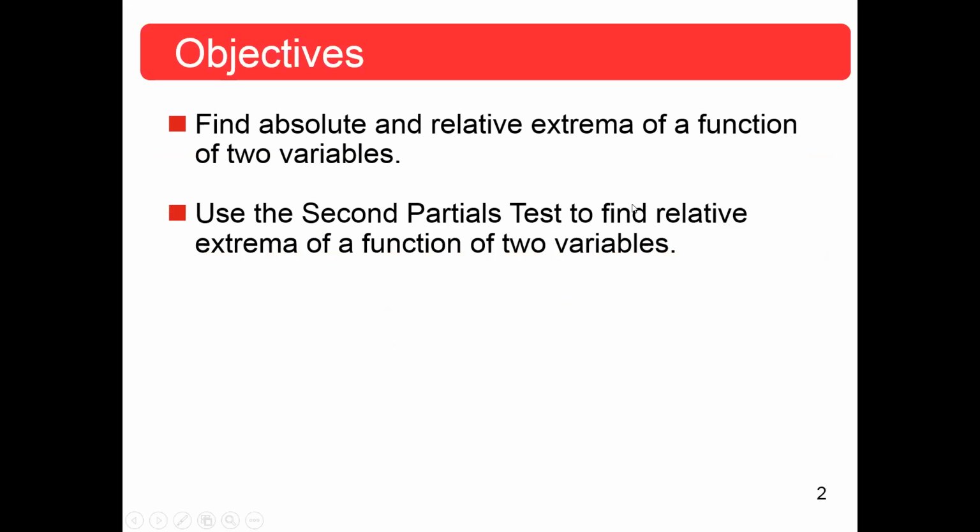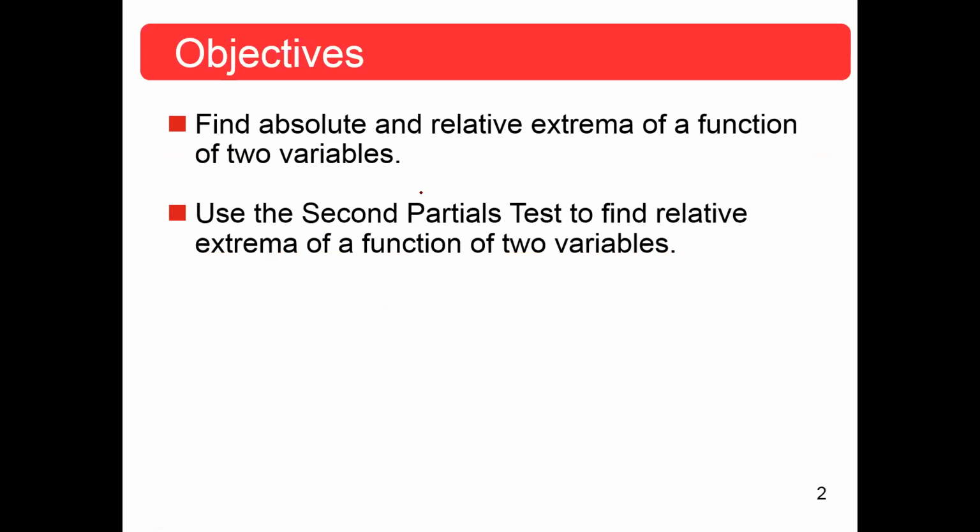So this is the next section, 12.8, which talks about extrema. So maxima and minima. Do these sound familiar from Calculus 1, maxima and minima? Yes. Right? So it's the maximum value and a minimum value of the function.